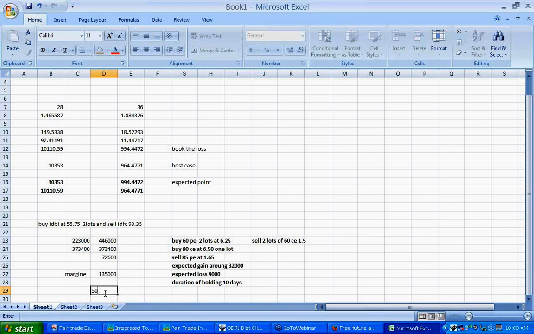And if IDBI goes to the level of 60, simultaneously IDFC could also have gone up. So at the level of 60, 61, 62 or 63, you can think of booking the profit and coming out.